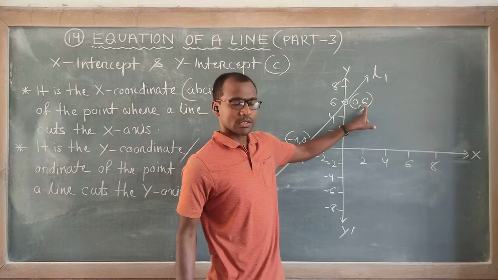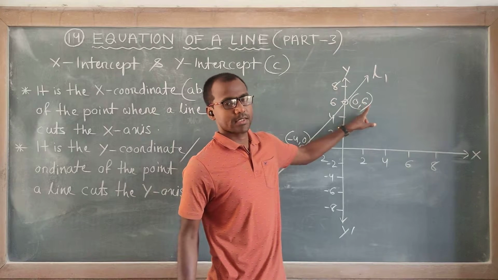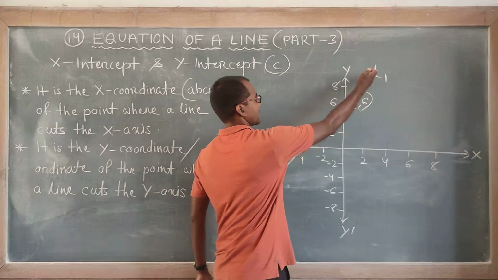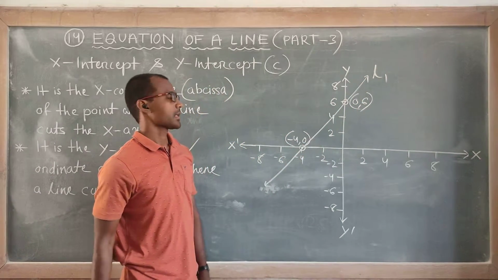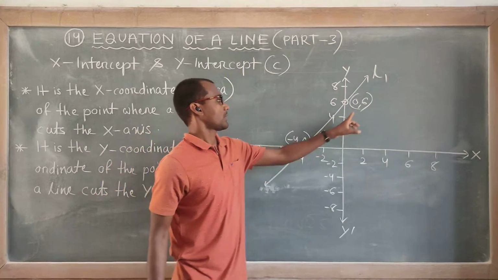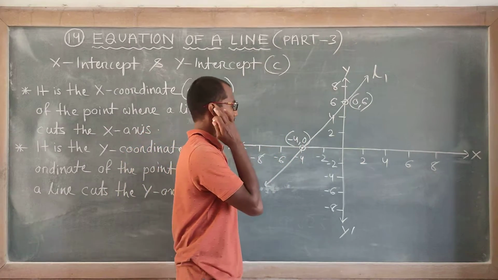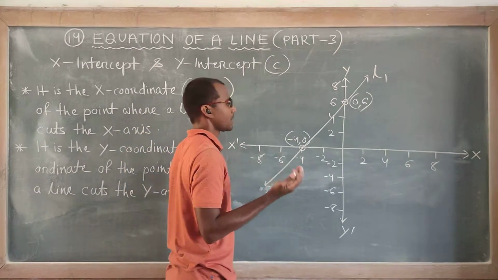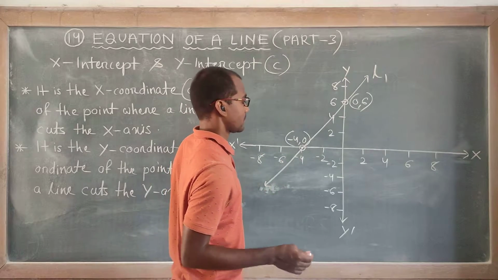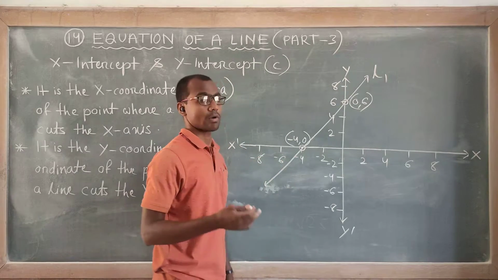So the y-intercept of this line L1 is 6. So for this line L1, the x-intercept is -4, the y-intercept is +6. Similarly, let me draw another line, and you can understand what is x-intercept and y-intercept.